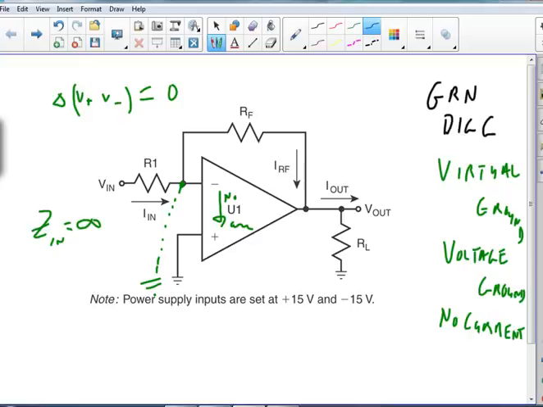Where the heck is the current going? Well, it's going to have to go that way, right? So now the current's going that way and is going out, and I have some voltage out associated with it. Okay, so we have a virtual ground, a ground to voltage, but no current can flow through it.